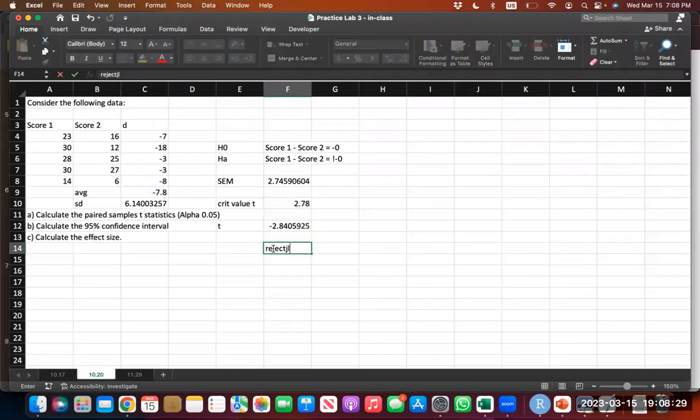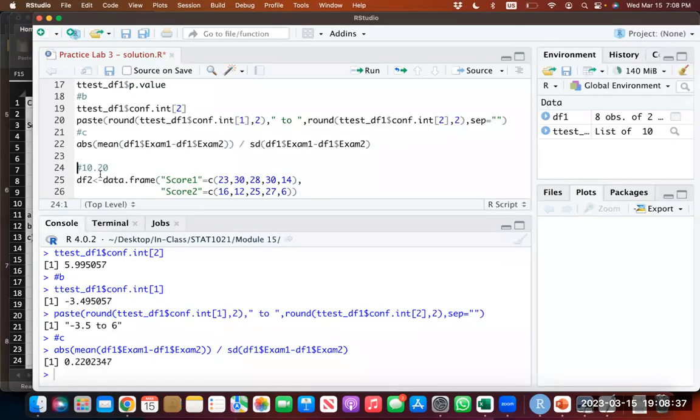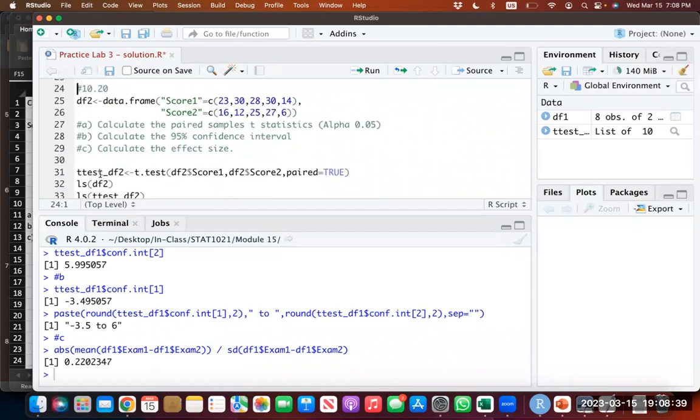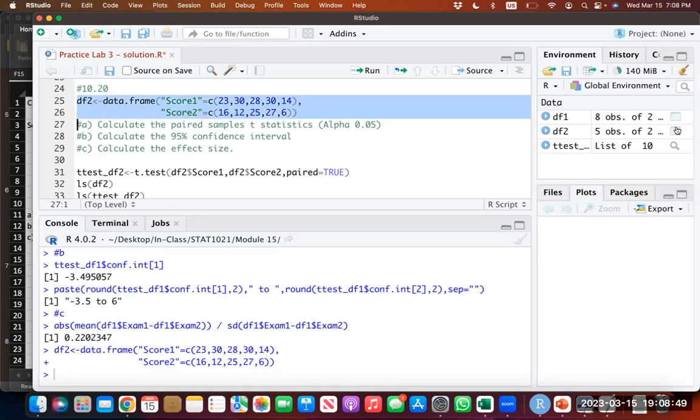I'm not going to go into the details because now we have done this quite abundantly. But we can do this now in R. We're basically looking at line 25, or I think for you it should be 24. So we are building now df2 as our data frame. If we click on it here on the right side, we can basically look at the data frame.